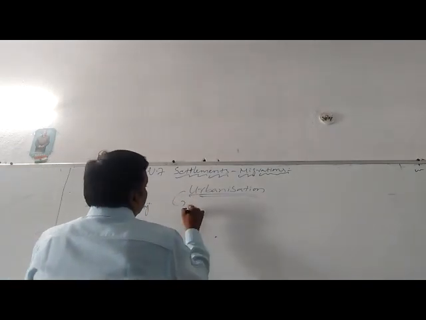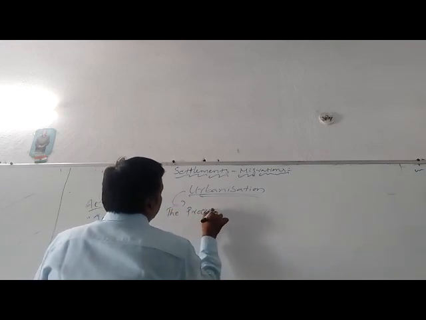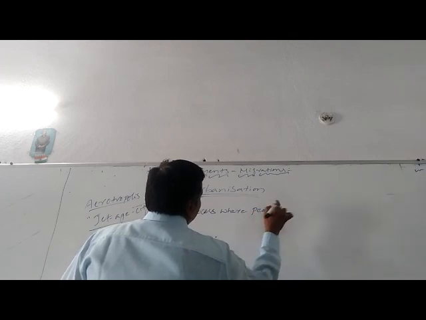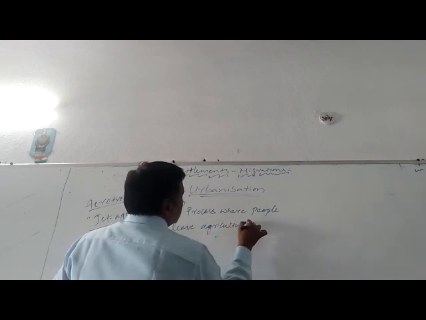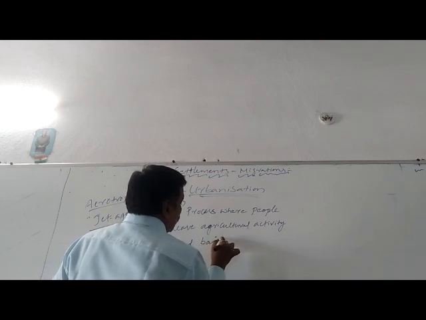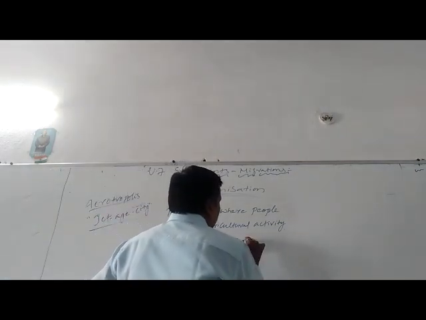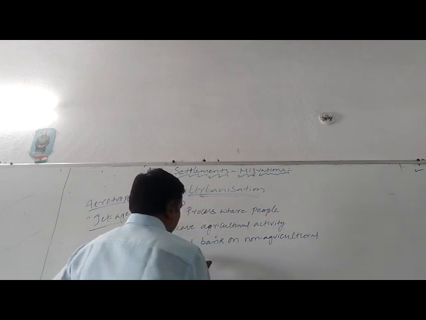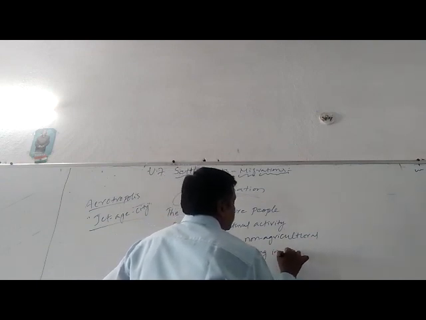Urbanization definition is the process where people leave agricultural activity and bank, meaning depend, on non-agricultural activity by being in urban areas.